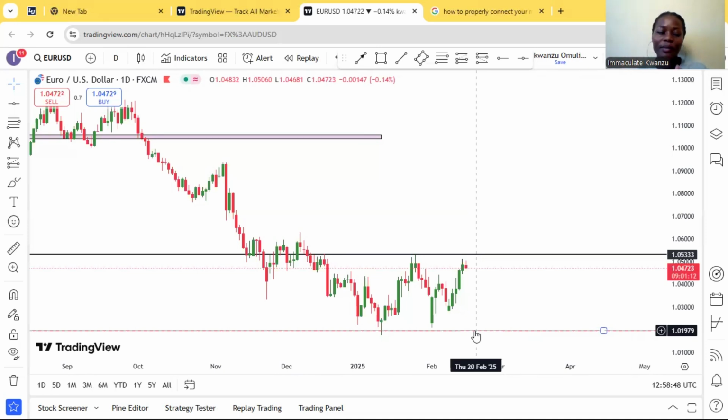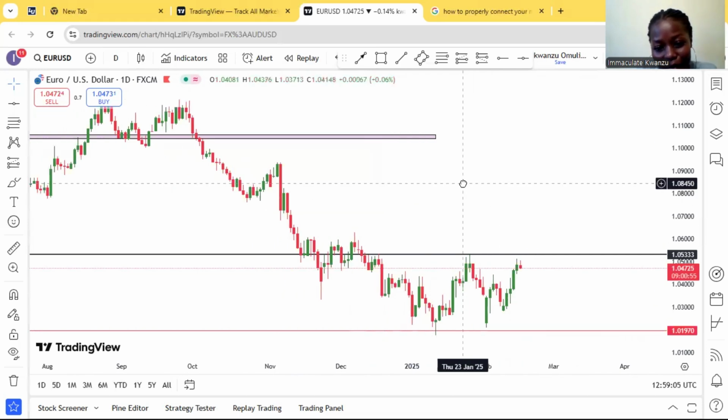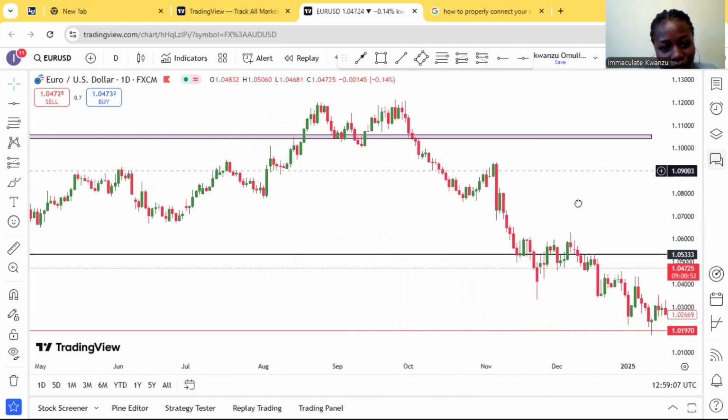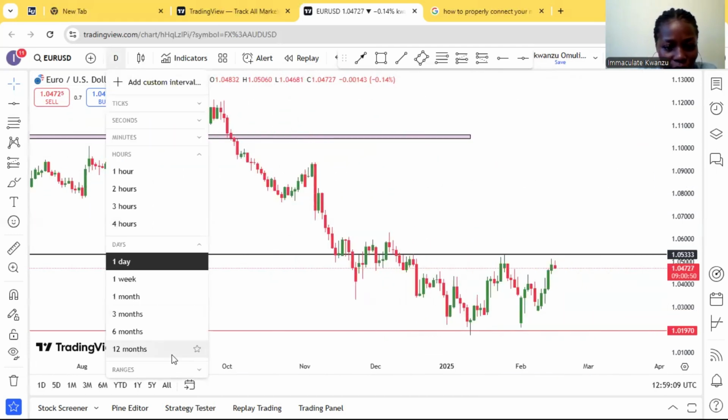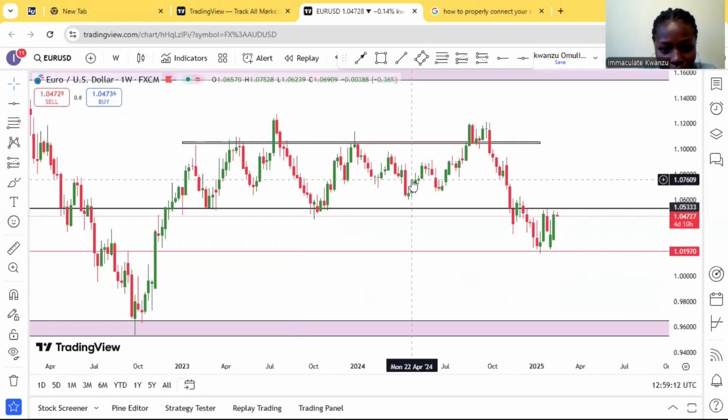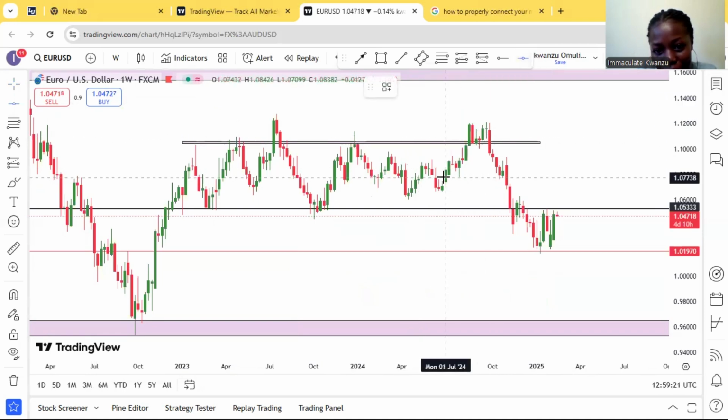Right. So I use these areas first for, let's say, profit targets, or for me, I use them to add entries to an existing trade. Let me show you an example of a black line right here. This is a good example of a black line.